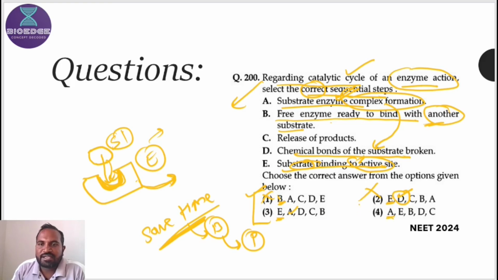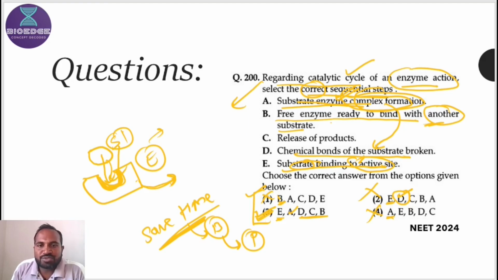And in the A option, the first step would be binding of substrate and enzyme, so that is also obviously wrong. So there is no need to check D, C, B. Still, you have reached the correct answer by using the elimination technique, this is the correct option.